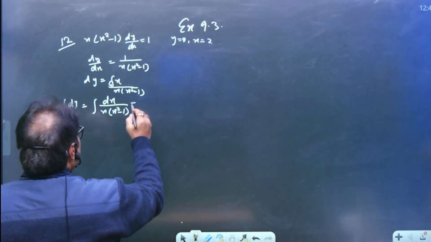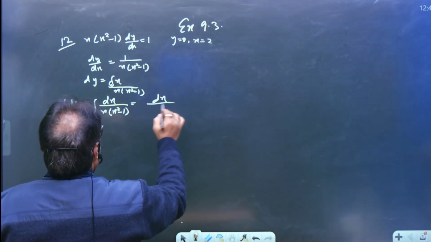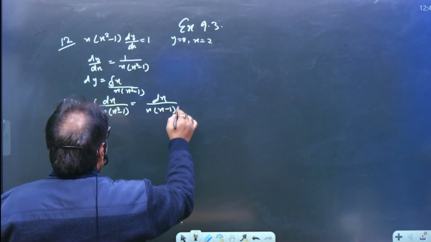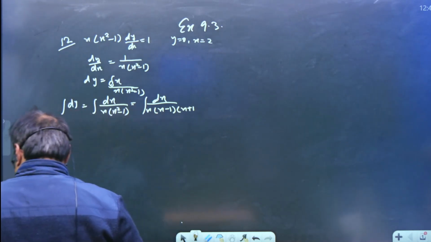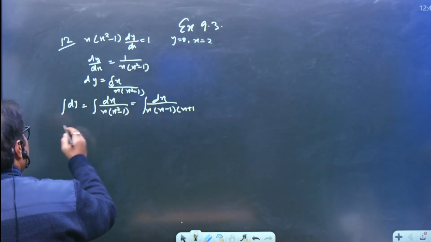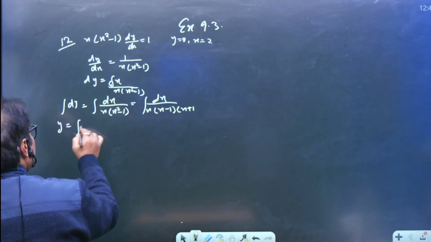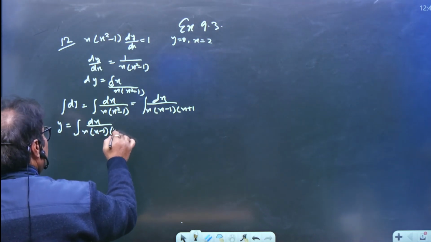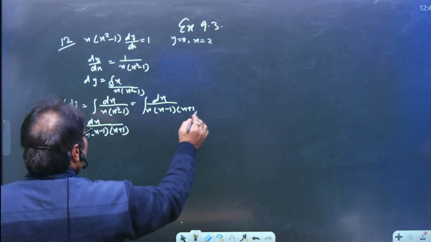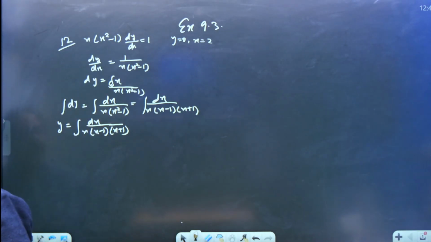This can be written further as dx upon x into x minus 1 into x plus 1. And integration of dy, that is y, is equal to integration of dx upon x into x minus 1 into x plus 1, and again apply the partial fraction.